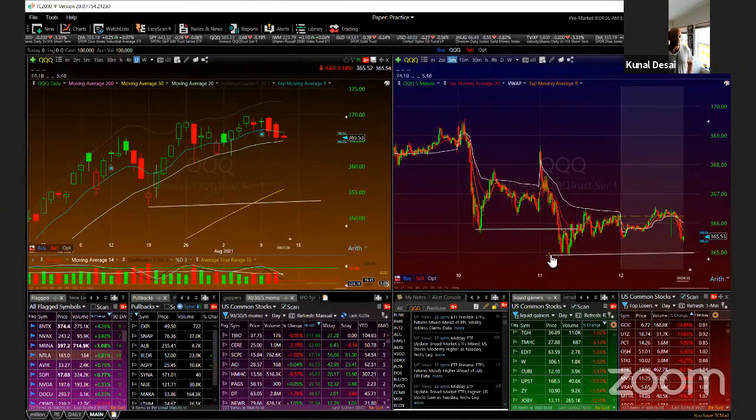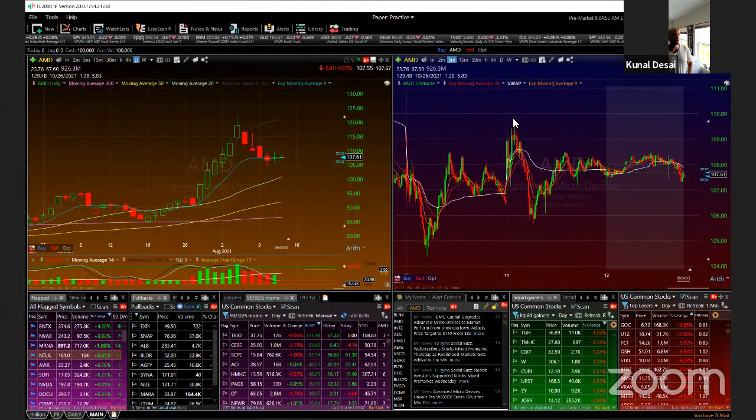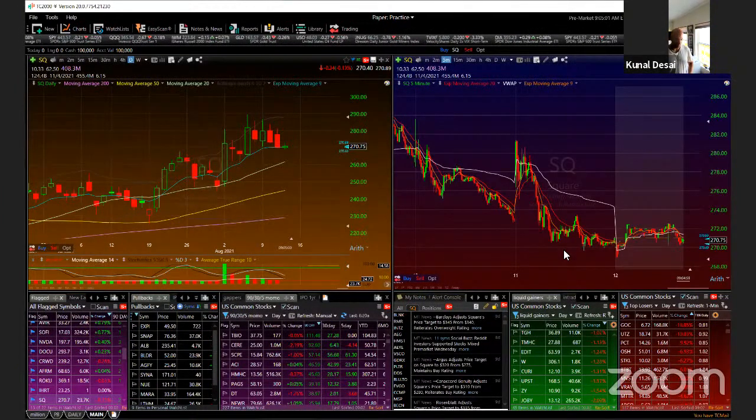If we lose this at the open, for example, then we're probably going to get a little bit of sell pressure that comes into the market. So we'll have to be a little bit careful on the longs. You saw the price action of stocks yesterday: a lot of stocks in the morning looked really good for a hot second, and then they faded off, right? SQ popped up at the open, faded off.